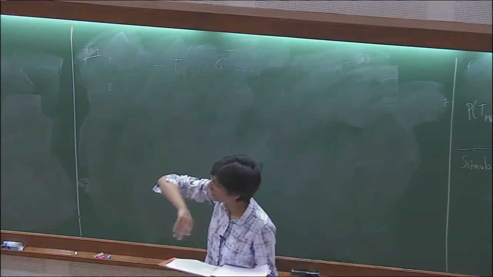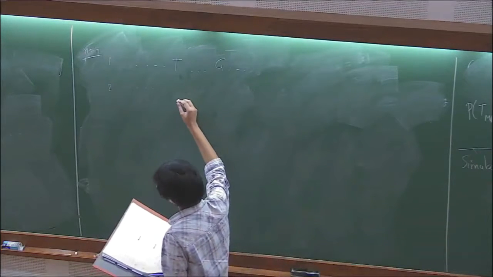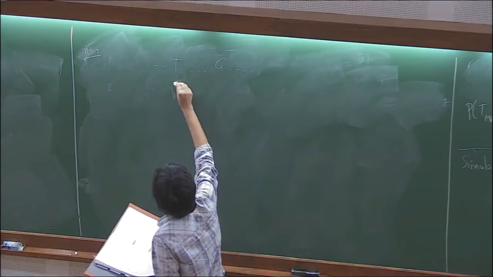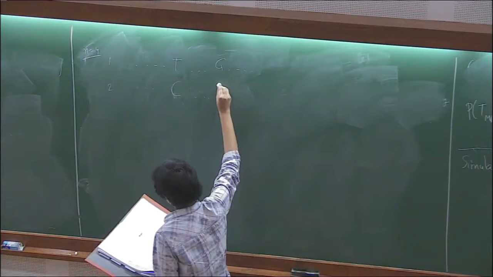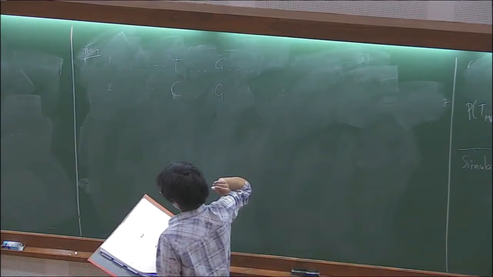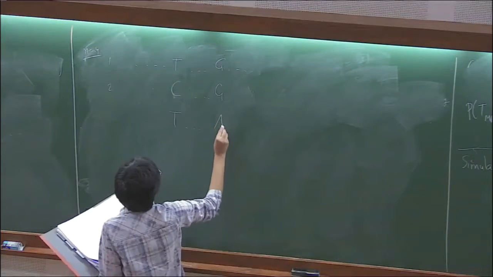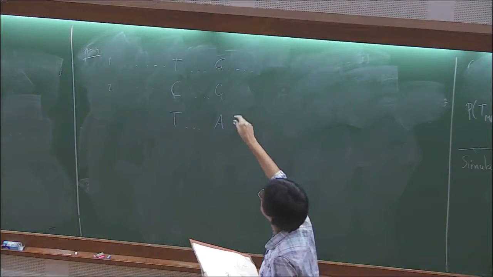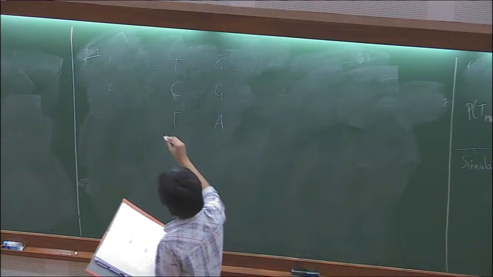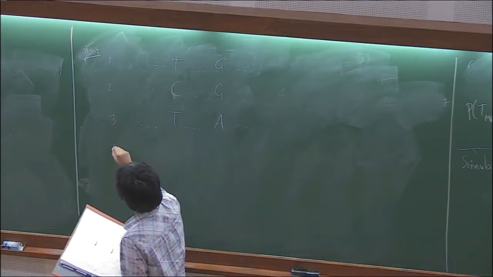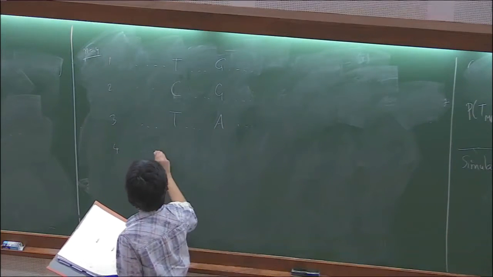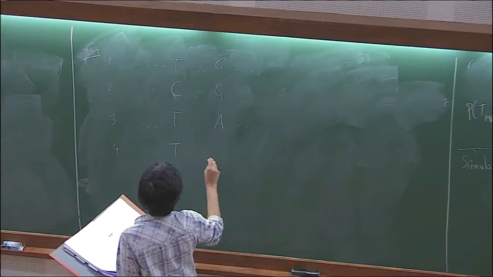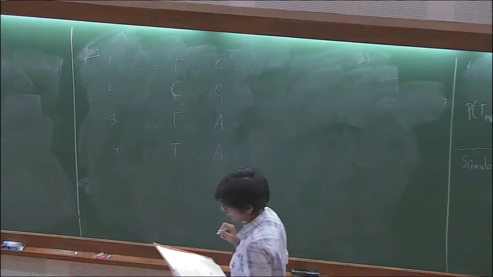Can you draw a tree for me consistent with this data? So at the end of the day, I have things like this. This is what I have today, and I want to construct a tree which is consistent with this. Neutral mutations. Clearly they're different, so mutations must have occurred, right? So can you draw some tree?